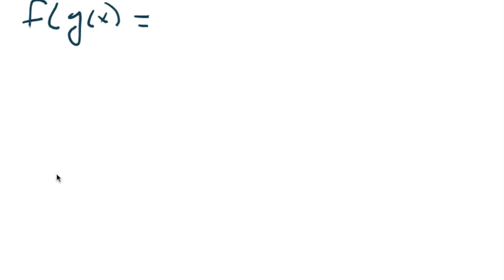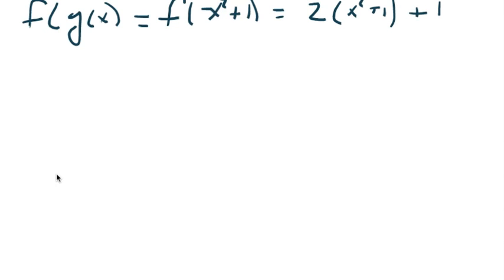So what this says is that we would do f of g of x, but g of x is x squared plus 1. So we would do f of x squared plus 1, which is 2 times x squared plus 1, plus 1.